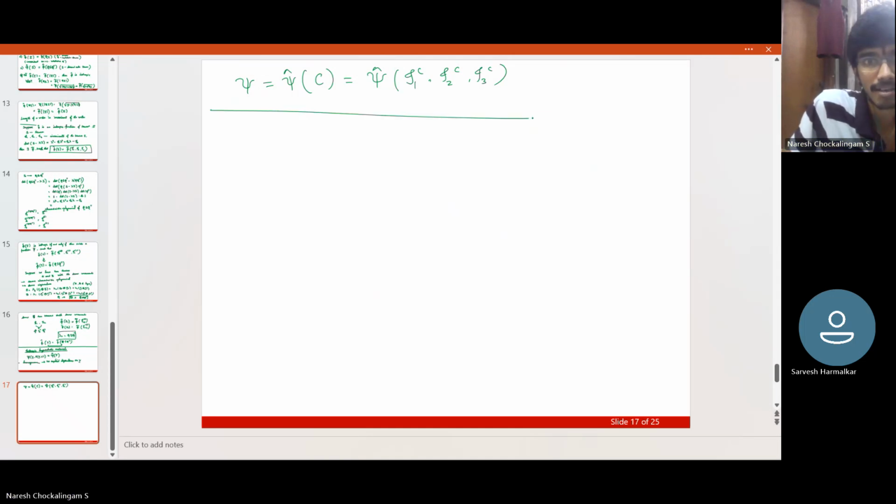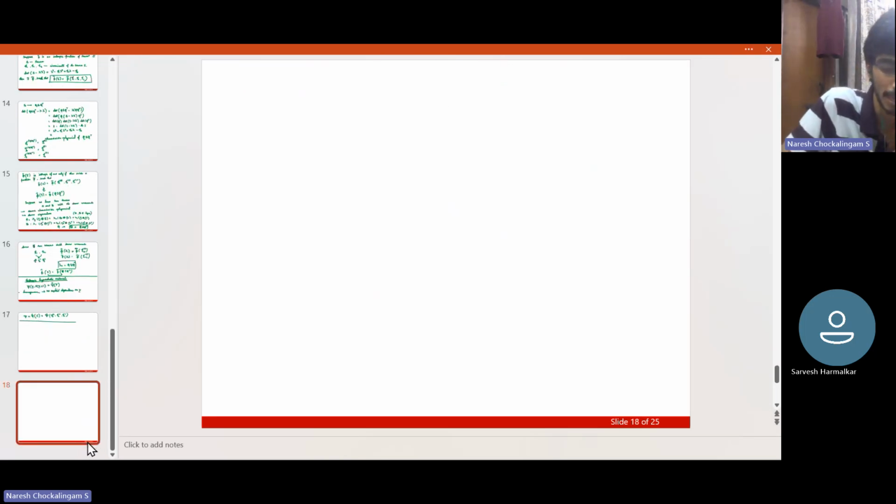So this defines an isotropic hyperelastic material. Now let us look at the properties of an isotropic hyperelastic material. So let us start with some problems for today.